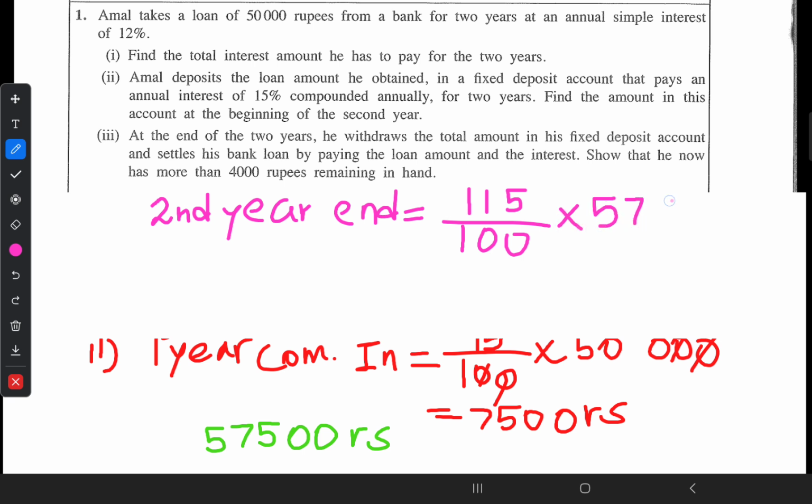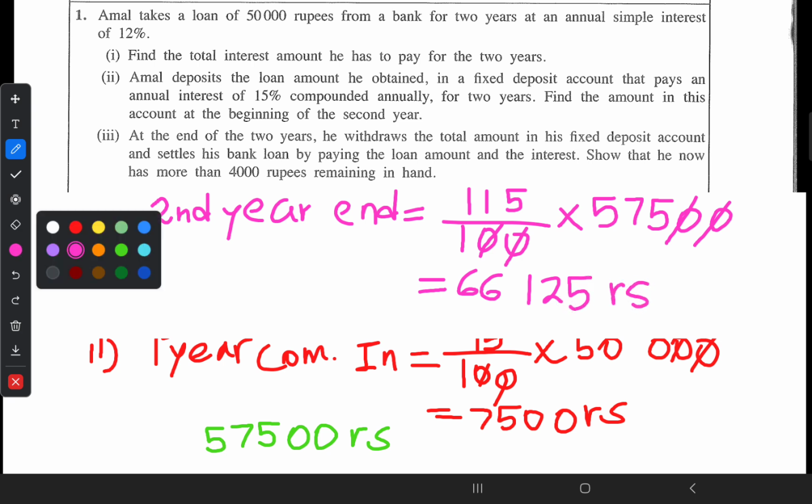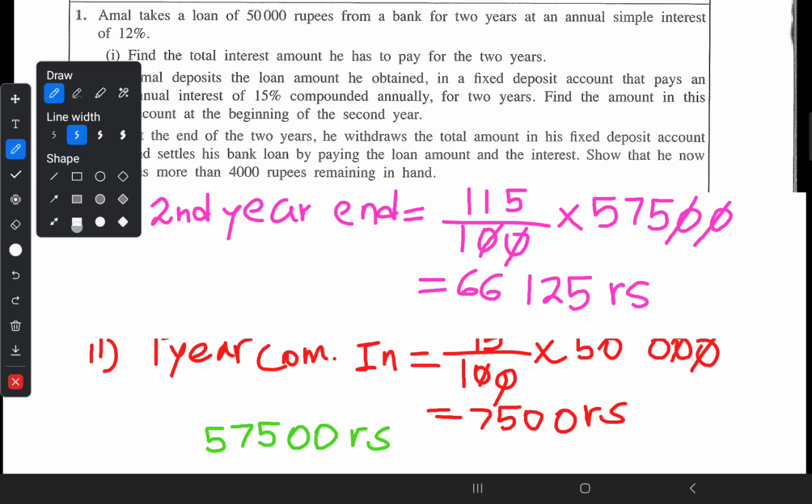That means at the starting of the second year, the amount in his compound interest account was 57,500, so you should substitute that. So at the end of the second year, when we simplify, that will give you 66,125 rupees. That means at the end of 2 years.